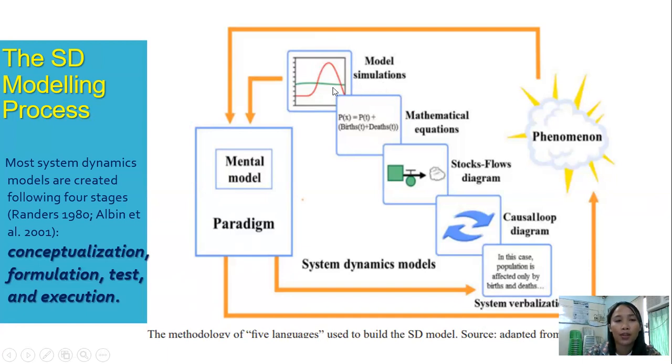We can choose what are those policies that we must develop in the future so that it would attain the goal or the objectives of that certain system. So that is the system dynamics methodology.